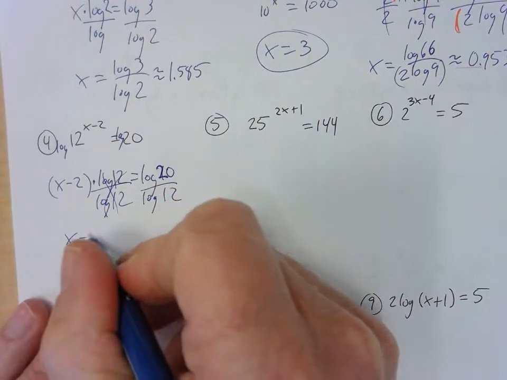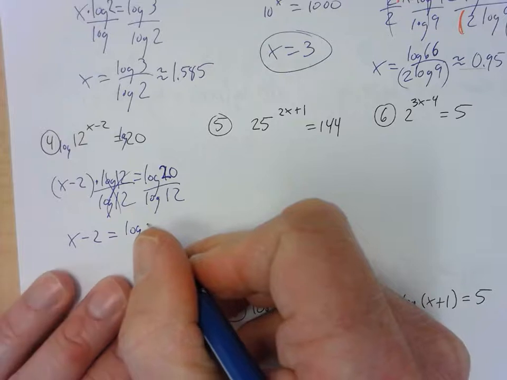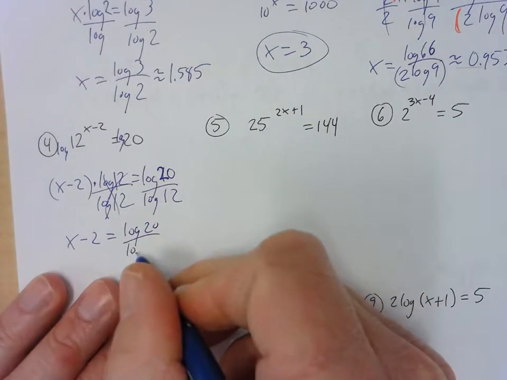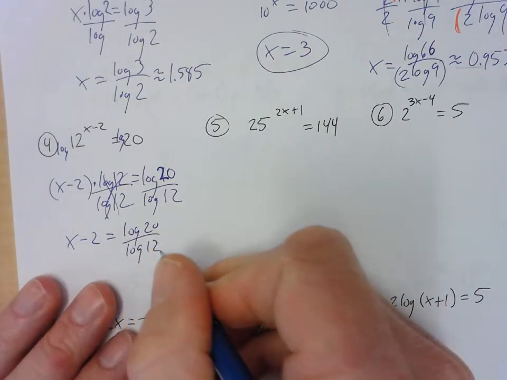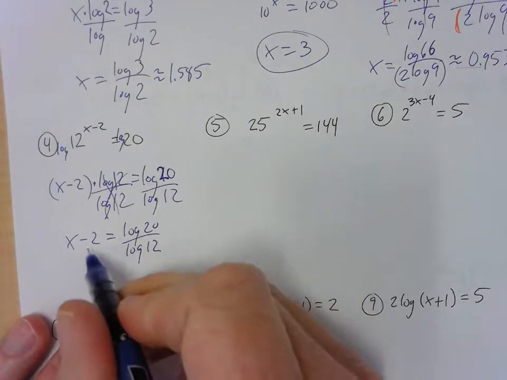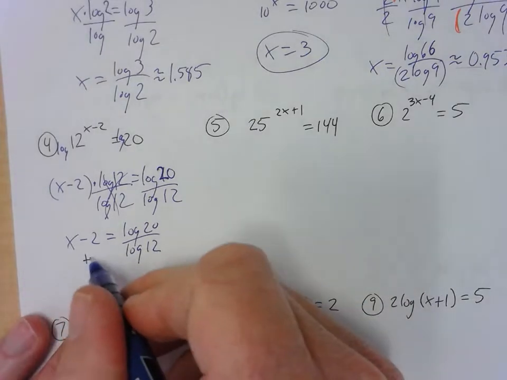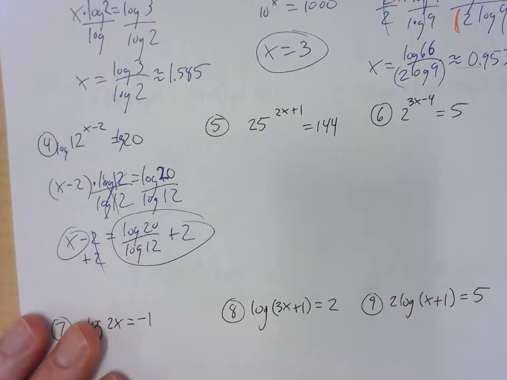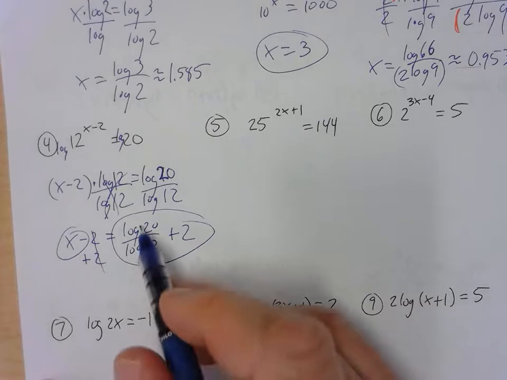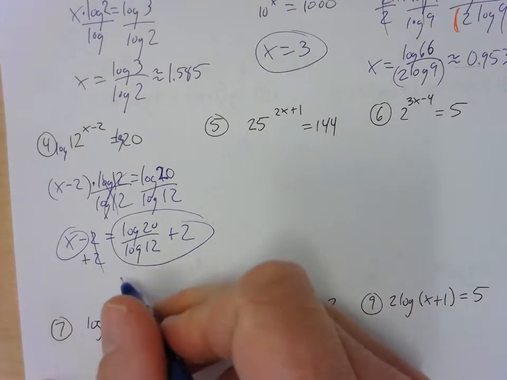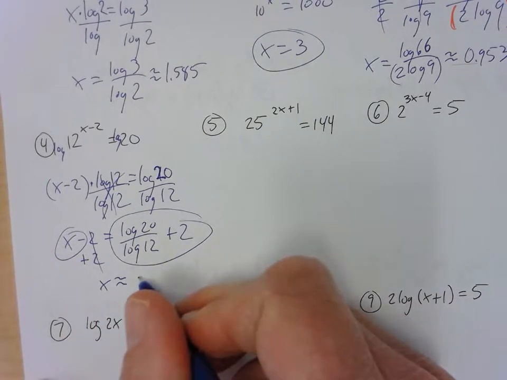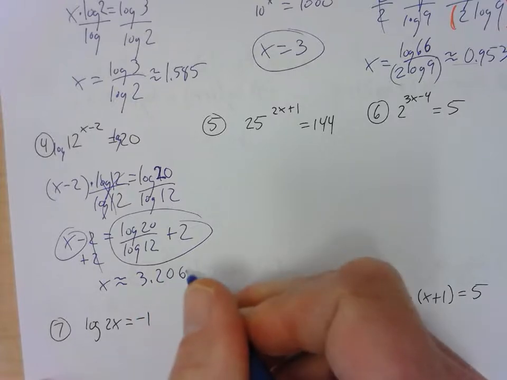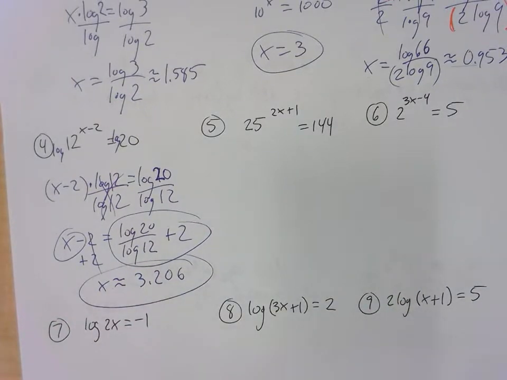I get x minus 2 is equal to log of 20 divided by log of 12. To get x by itself, we add 2 over. That cancels out. X is by itself. I'm going to leave it like that. That's the exact answer. So we just divide this on the calculator, add 2 to it, and we get x is approximately equal to 3.206. I have already typed these answers into the calculator, so that's why I'm able to get them really quickly.